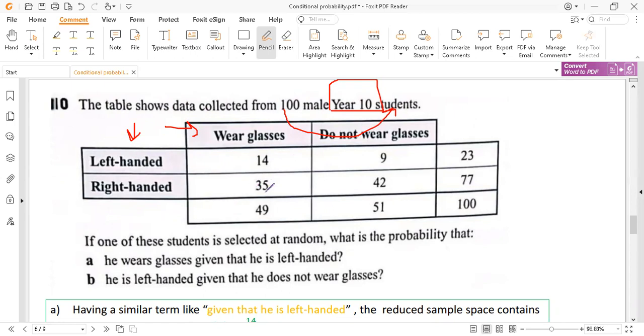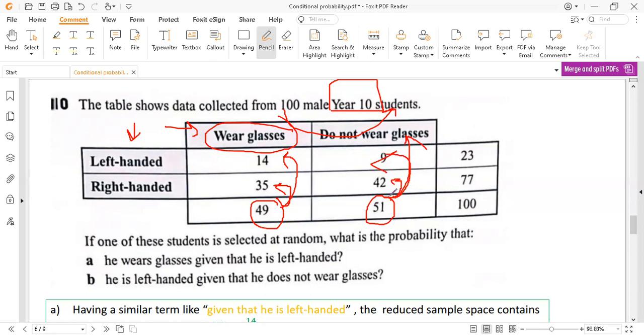We can see clearly that we have 49 students who wear glasses, and among these 49, we have 14 left-handed and 35 right-handed. We have 51 students who don't wear glasses, and among them we have 42 right-handed and only 9 left-handed.